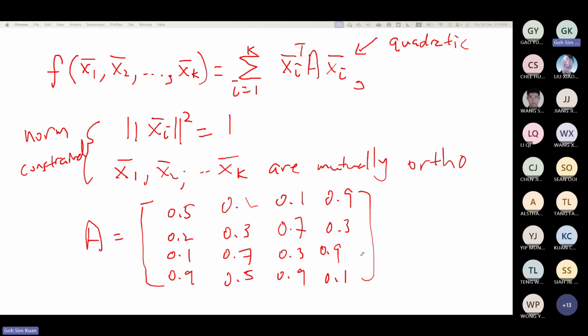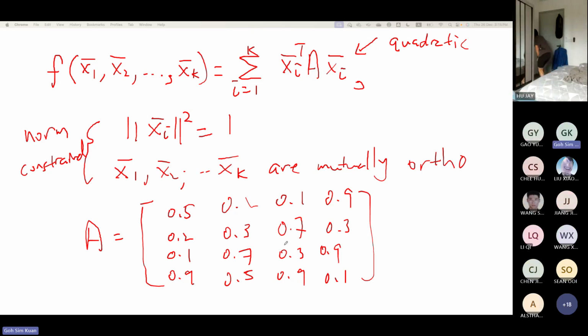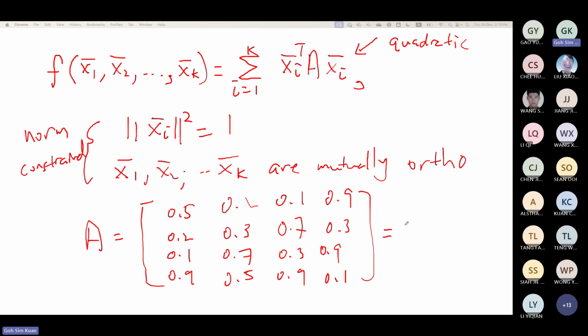Okay, let's say A is given to us. And you are also given the eigenvalues and eigenvectors of this matrix A. Because this matrix A is symmetric, we will be able to decompose it into a product of three matrices, based on what we learned from eigen decomposition. Let's say both V and delta are given to you.